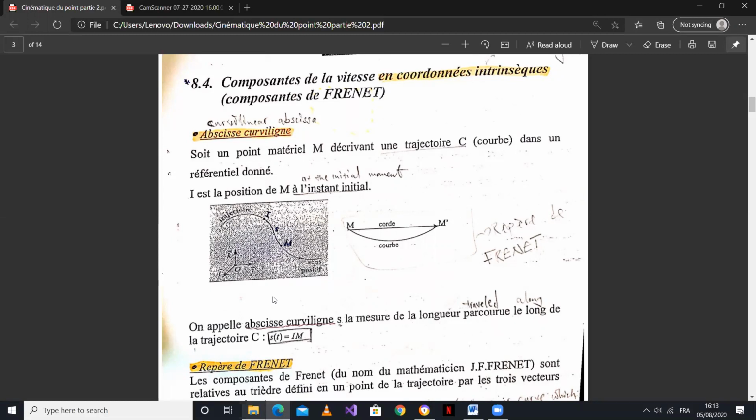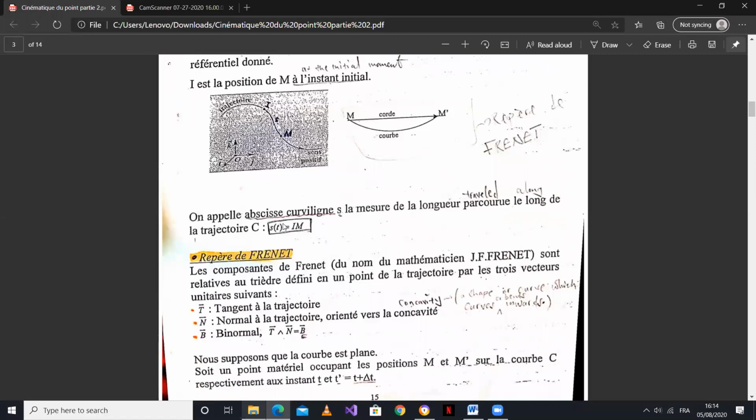Here it's moved from I to M. When we calculate the length of this distance moved by the point M from I to M, we are going to get S, which is called our abscisse curviligne. Is that clear? Okay, great.